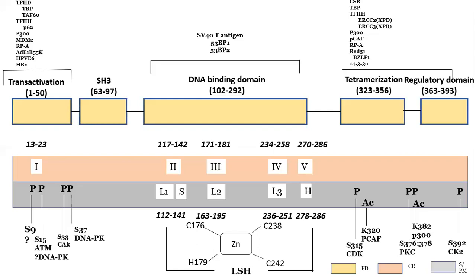Now coming to the next portion, which is a proline-rich region, 63 to 97 amino acids long, and it has much homology with the SH3 binding region, therefore it is called the SH3 region.